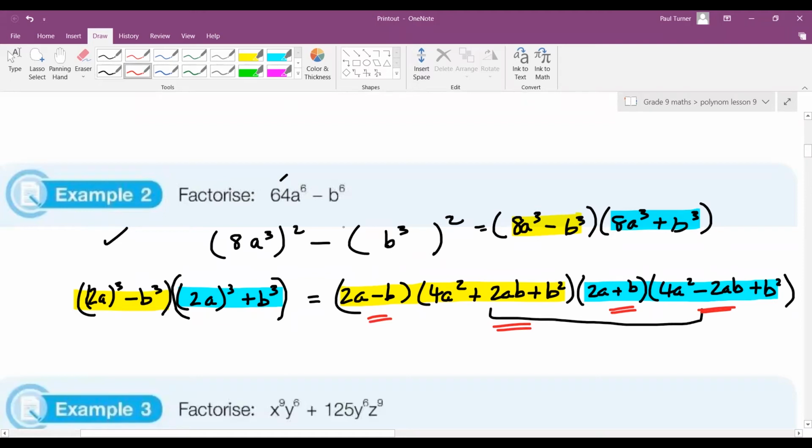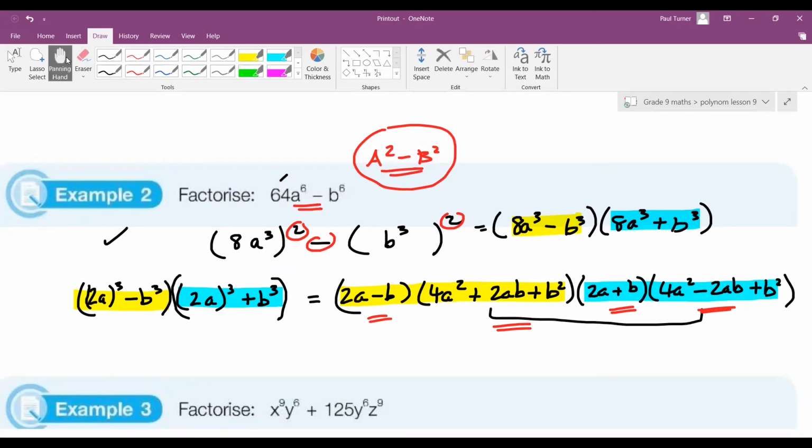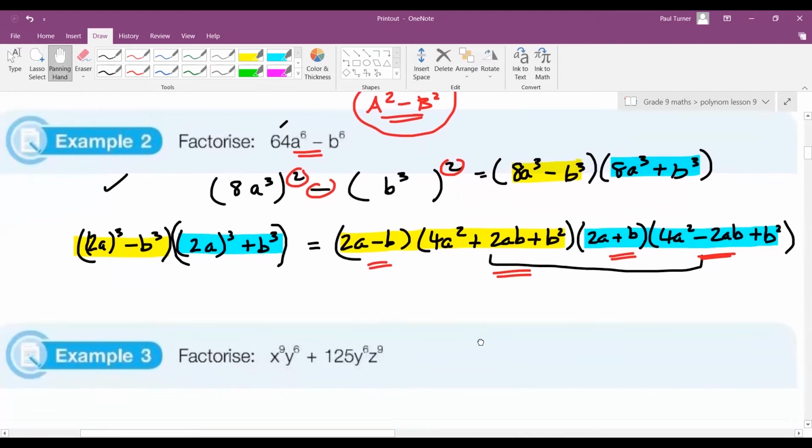But that's only if you can make it into a difference of squares using this rule, a squared minus b squared. If you can do that, this is the preferable way to do this kind of question. But in the textbook, it shows you using cubes anyway. But I'll move along and you can copy that later because I'll post the video about this anyway.